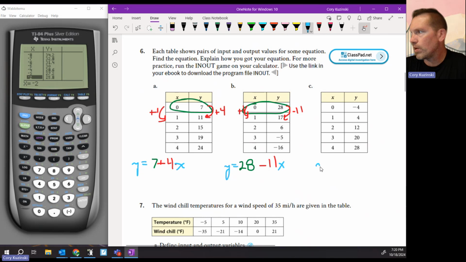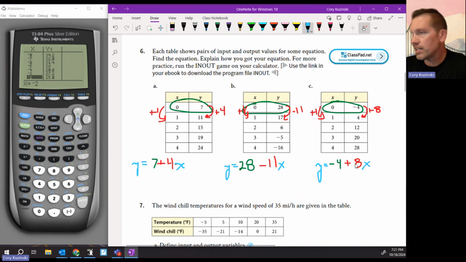And then the last one, y equals, again, they give us the y-intercept. It's got to be paired with that 0. It doesn't have to necessarily be the first pair in the table. What's happening here? I see an increase of 8 every time x goes up 1. Plus 8x.